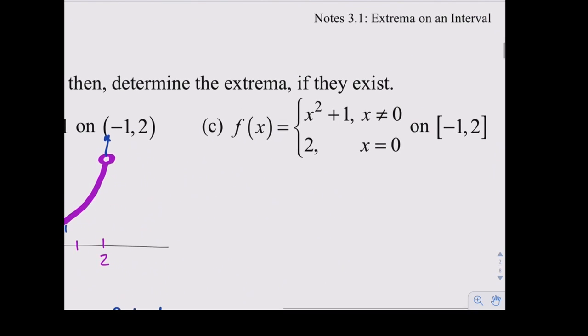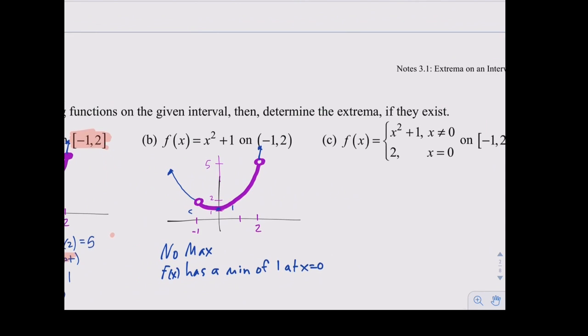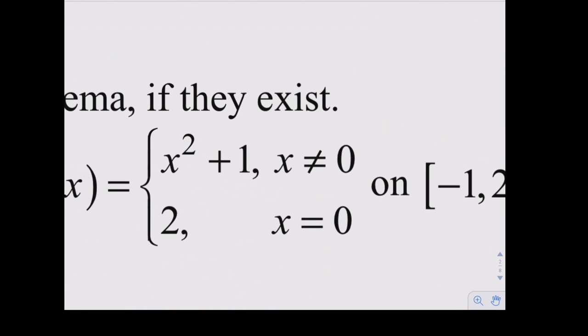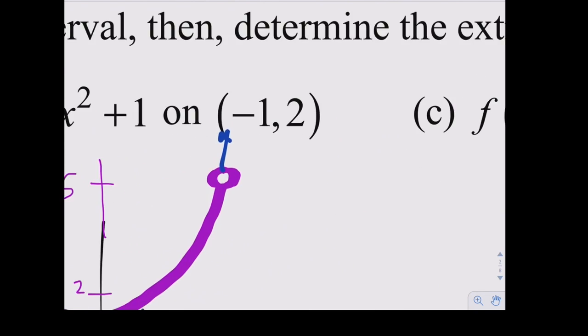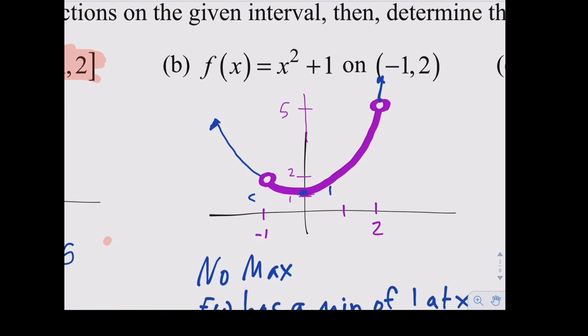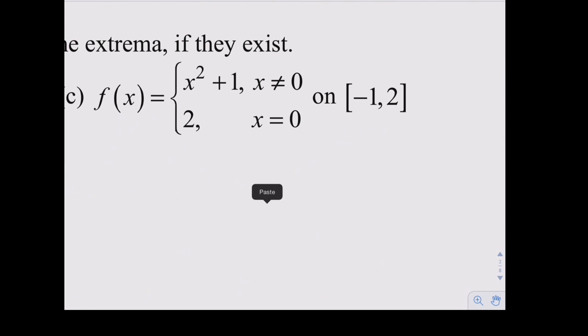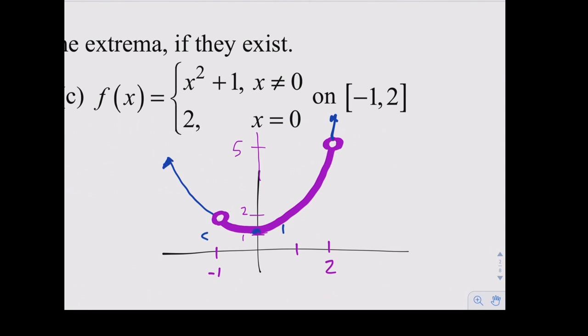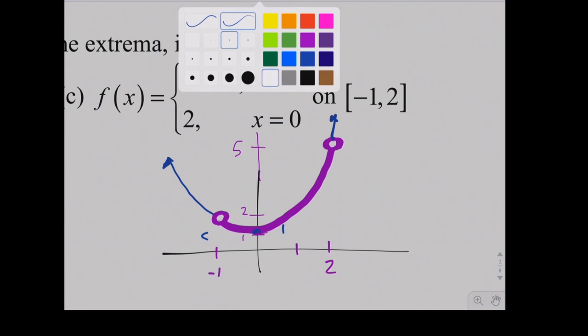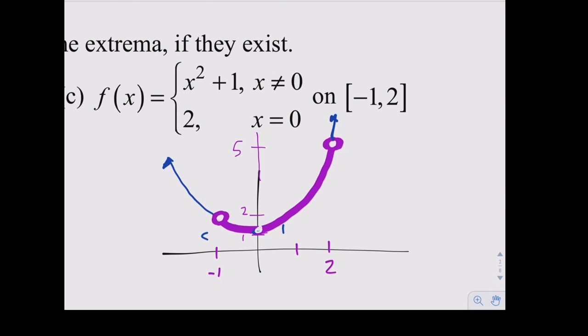Letter C, what the? Oh, okay. It's going to be x squared plus 1 everywhere except at 0. And then at 0, we're explicitly defining it to be 2. I could do that. In fact, I could just take this graph, copy it, paste it over here, and all I have to do now is get my little white tool here and come over here at x equals 0 and take away the y-intercept.